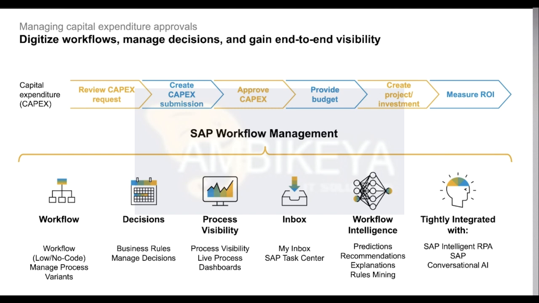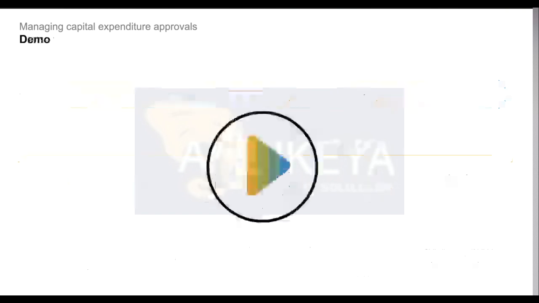And then, of course, at the end, you would also like to measure whether you really get the money back, so to speak, with your ROI. And for this, we are using different capabilities of SAP Workflow Management to really fulfill this need to have this capital expenditure approval process automated. Let me show this now in a demo.